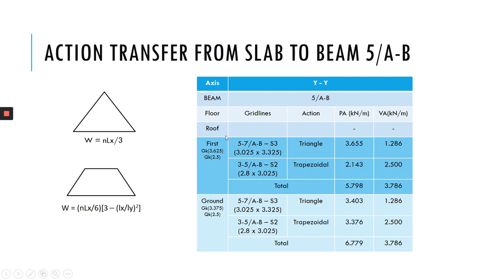The load from slab 3 is in triangular shape. Load from slab 2 will be trapezoidal shape. So you will get the answer for the permanent action and also variable action by using this formula, depending on the load condition, whether it is triangular or trapezoidal. Okay, so you will repeat the same calculation again for the ground floor.